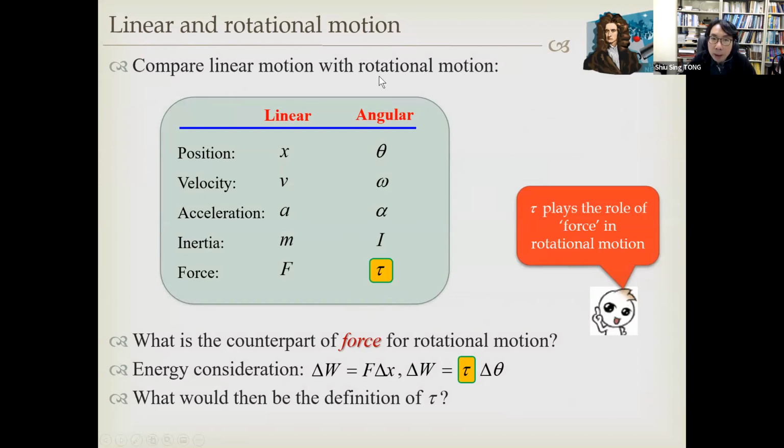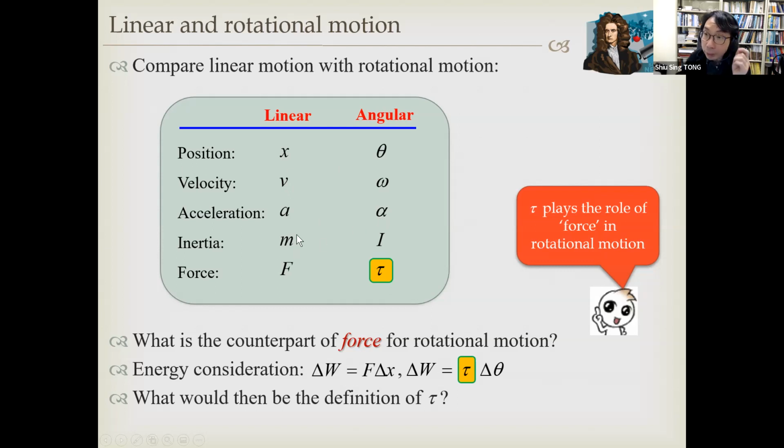Now, let's compare linear motion with rotational motion. We always do this, right? For linear motion, we have x as the position. For angular motion, we have theta. For linear motion, we have the linear velocity. Now, for the rotation, we have angular velocity omega. And the linear acceleration now becomes the angular acceleration.